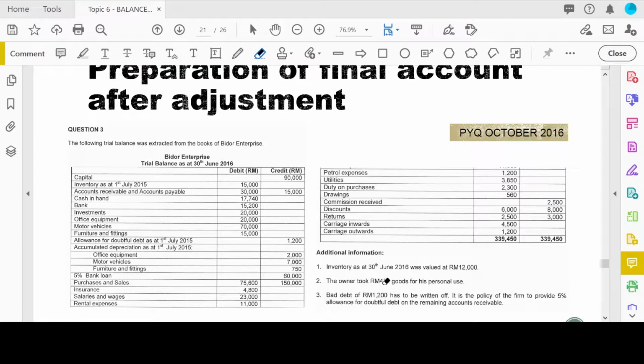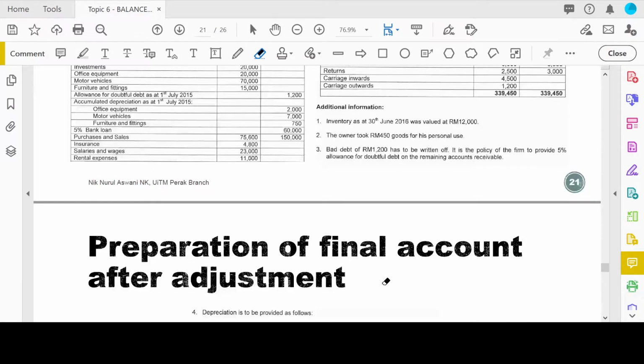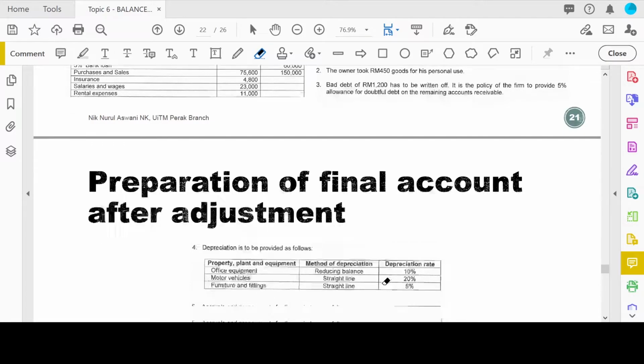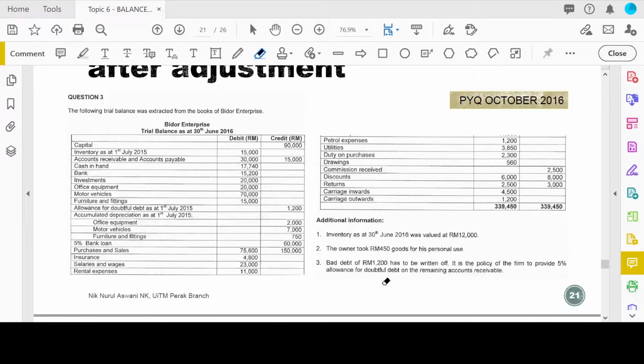If you look at this additional information, there are few adjustments given: 1, 2, 3, 4, and 5. So we need to prepare the adjusting entry. I'm going to use a past exam question of October 2016. In questions, it is common that there will be a trial balance with additional information.